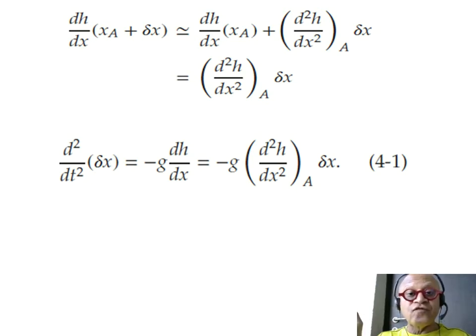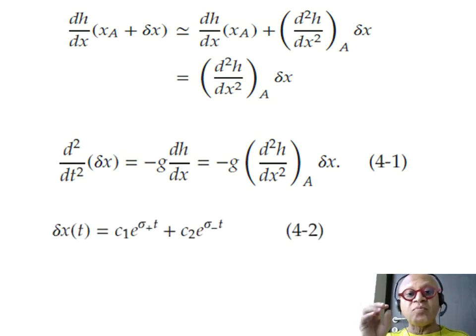Those are the only two forces acting here. So dh/dx is expressed as d squared h/dx squared times delta x with this Taylor series expansion. It's that simple. We just derived the equation of motion for this ball sitting at a stable position at the top of the hill.